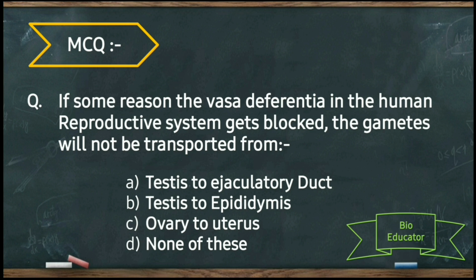Now we know that vasa deferentia joins with the duct of the seminal vesicle to form the ejaculatory duct. So if vasa deferentia gets blocked, the gametes will not transfer from testis to ejaculatory duct. So the right answer is A.